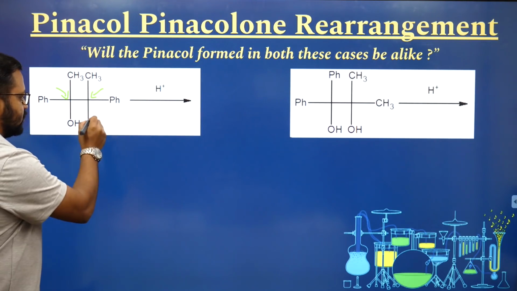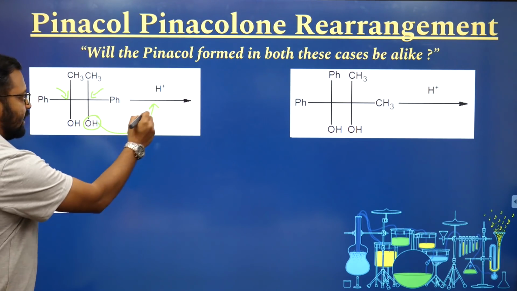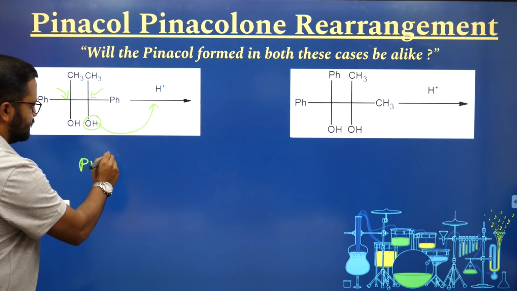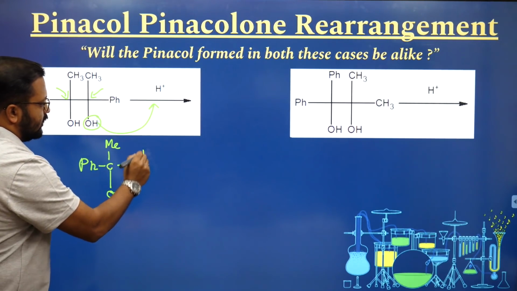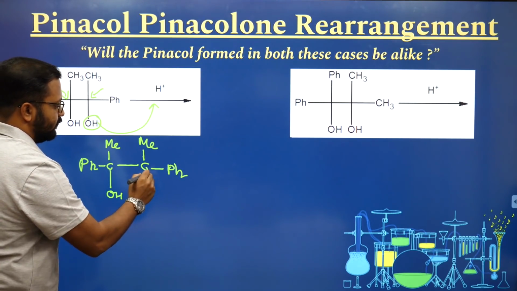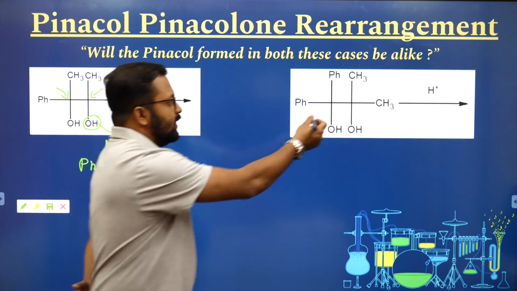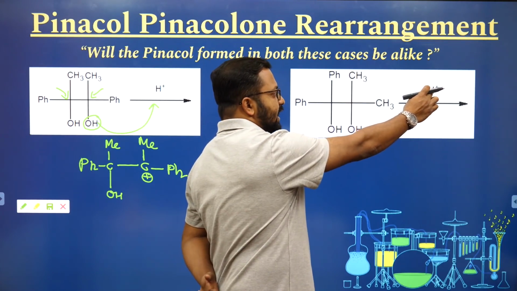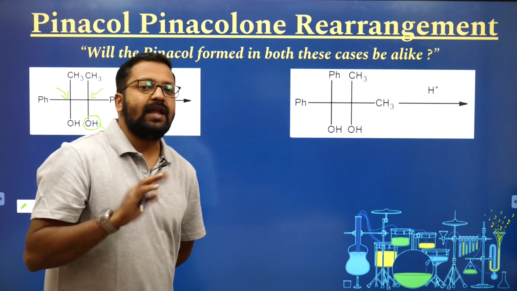So if it reacts with H plus, let's say this OH reacts with H plus, and I remove a molecule of water, I will get Ph, C, Me, OH, C, Me, Ph with a positive charge. Okay. Similarly, let's try to work it out over here. Now, if this H plus is made to react at one of these two positions, we can get two different types of carbocation.